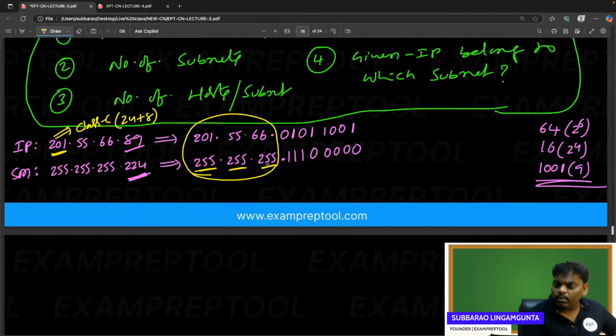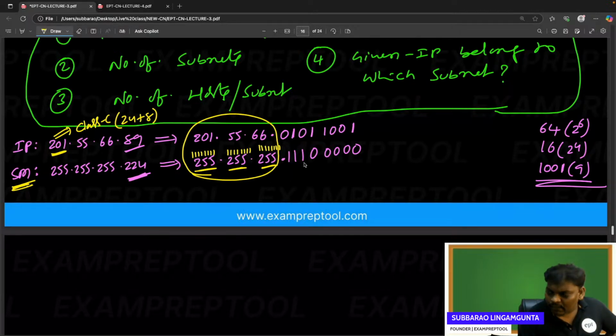So remember, the network part, in the case of the subnet mask, is all ones. Everyone knows the rest is the host part.